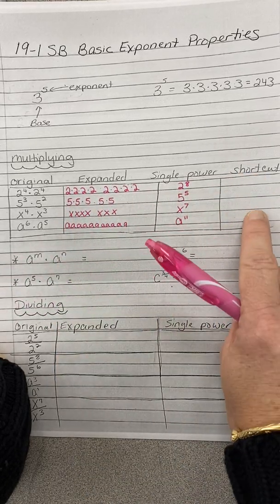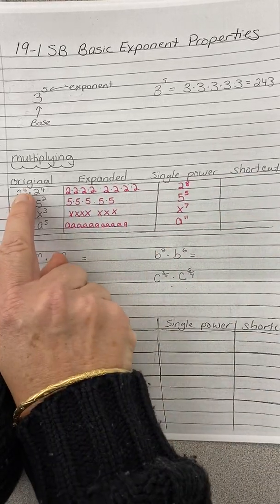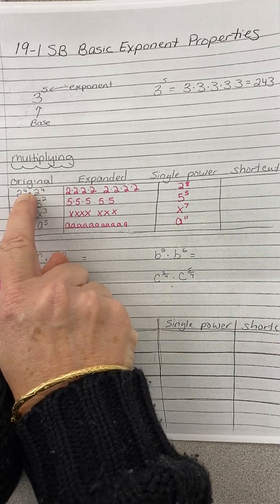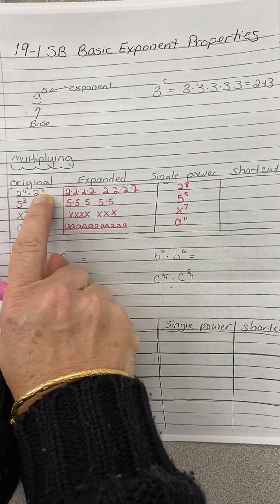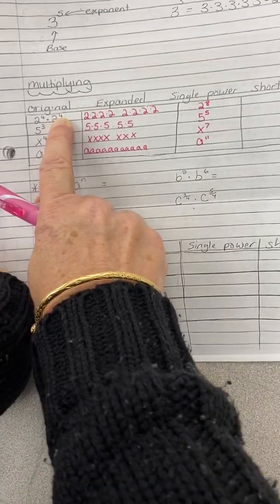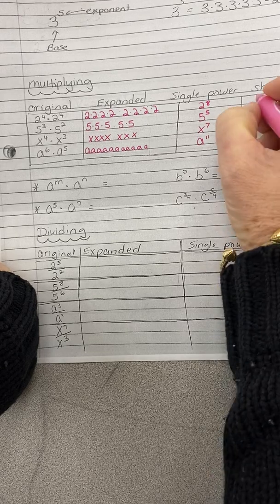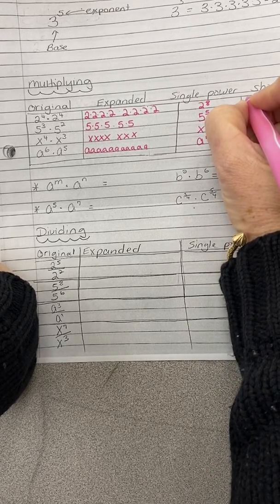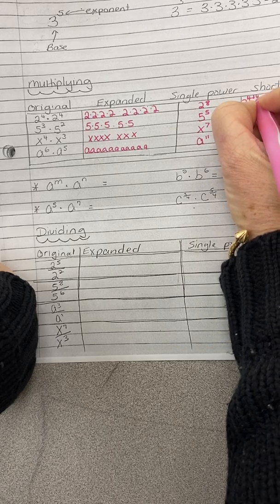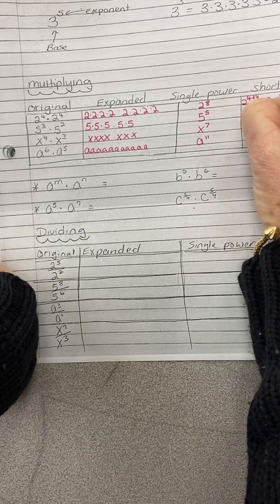So what's the shortcut? I'm sure you figured it out by now. The shortcut is that you're just adding these exponents. Okay, you're just saying 4 plus 4, and that's going to get you to 8. So the shortcut is, let's say, 2, 4 plus 4, and that gets you 2 to the 8th.